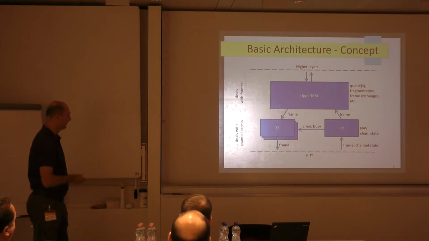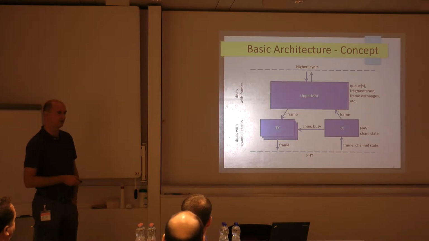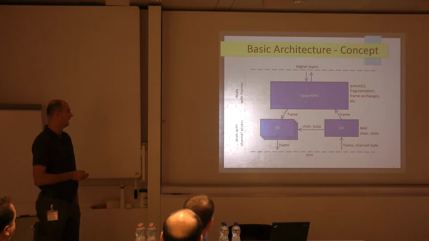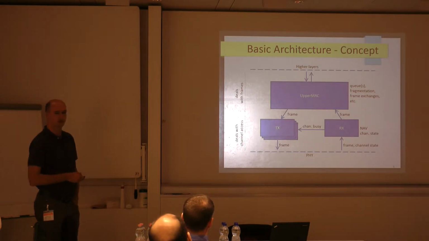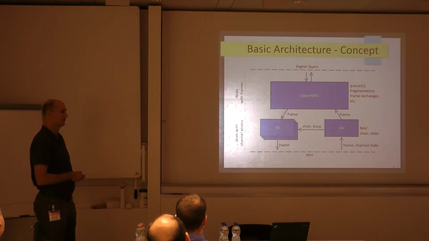Then we have reception, which receives the frame from the physical layer and checks the checksum of the frame. If it's not valid, it discards the frame, otherwise it sends it up.